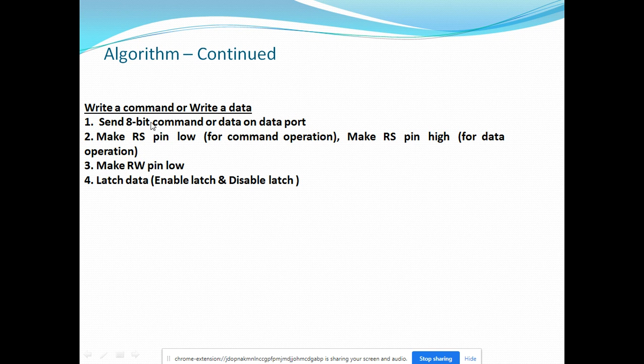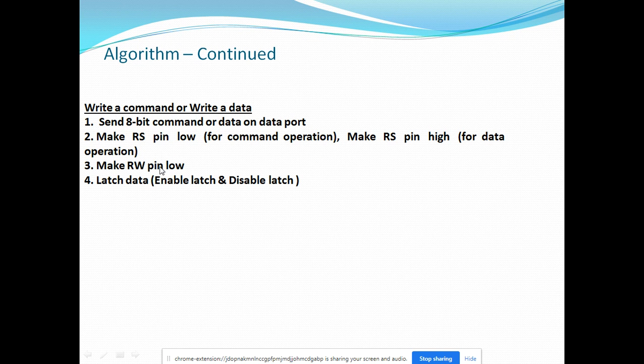If you want to write a command for the LCD, then you need to write RS equal to 0 in the program. That means you need to make the RS pin low for command operation, and you need to make the RS pin high for data operation.